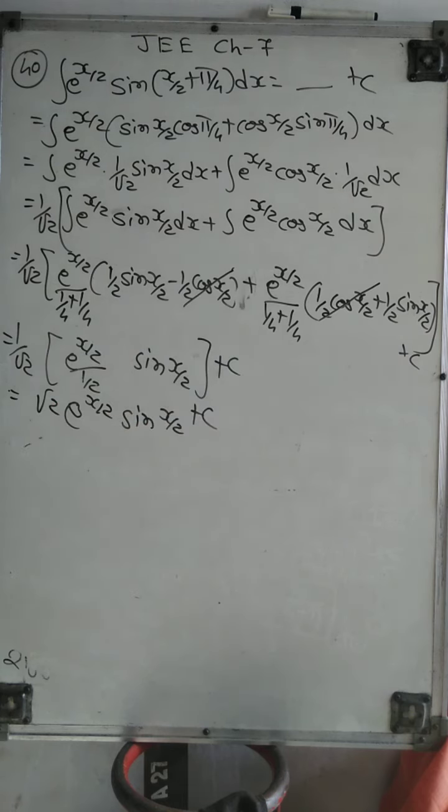by 2 plus c. Now here I mentioned the formula of integration e raised to ax cos bx dx. This is e raised to ax upon a square plus b square, a cos bx plus b sin bx plus c, right?